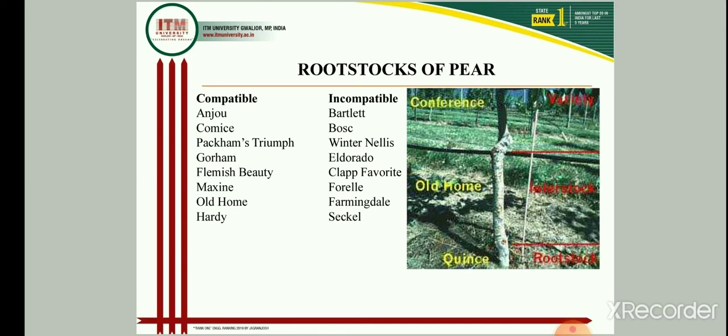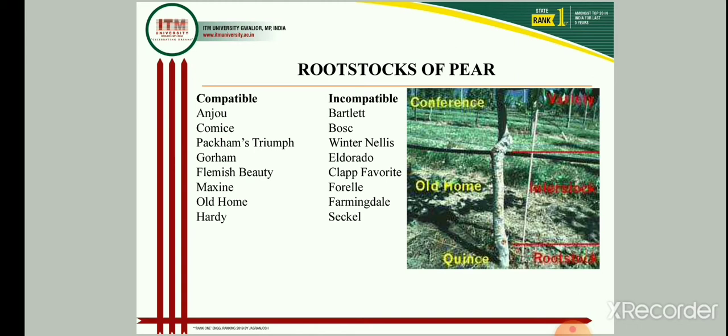But it was reported that only a few of the good varieties were compatible with the Cydonia or quince rootstock. However, the common high yielding varieties like Bartlett, Bosc, Winter Nelis, Eldorado, Clapp's Favorite, Forelle, Farmingdale, and Seckel were reported to be incompatible.